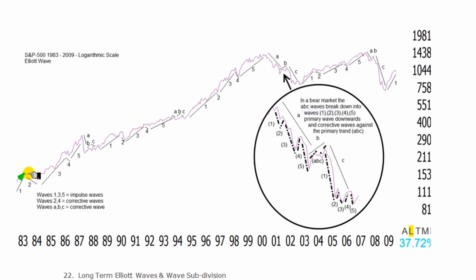And then we have 2, 3, a small pullback here, 4, correction, and then 5 to finally complete the first part of the wave. And then, of course, we saw in 1987 the rather large correction, which we can see here, A, B, and then C.